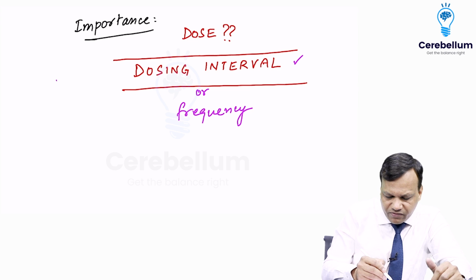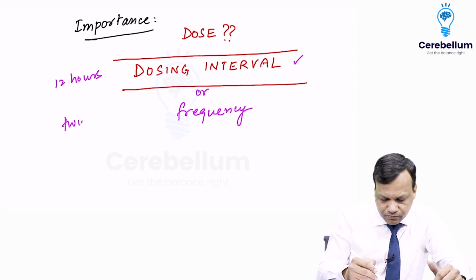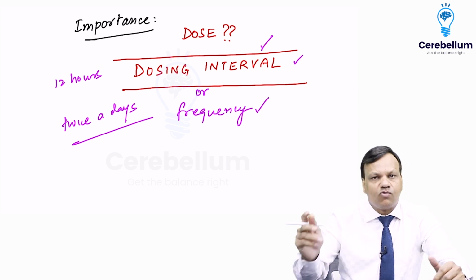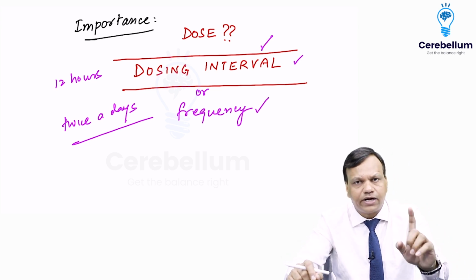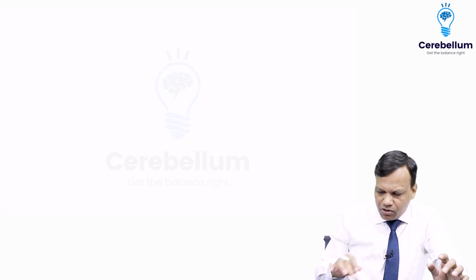If we say dosing interval is 12 hours, that means we have to give twice a day. So 12 hours is the dosing interval, twice a day is the frequency. So half-life tells about dosing interval or frequency. A very important thing is that it does not tell about the dose of a drug. Okay, so that is important about half-life.